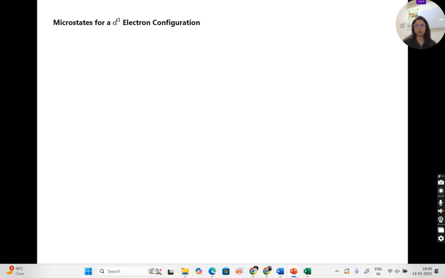It's a simple formula-based question. We'll write the formula again. This is n factorial over x factorial times (n minus x) factorial, where n is twice the number of orbitals, x is the number of electrons, and we can calculate simply by this.